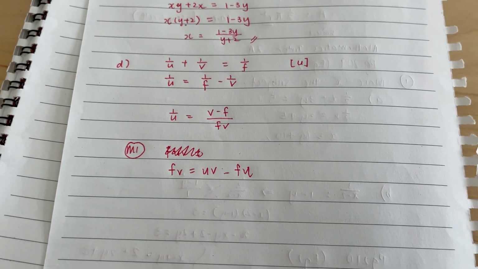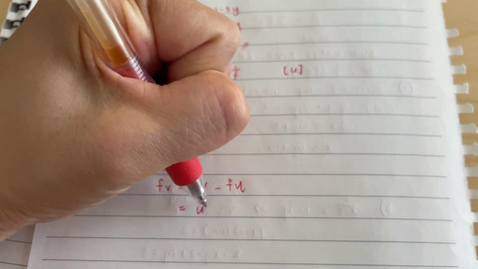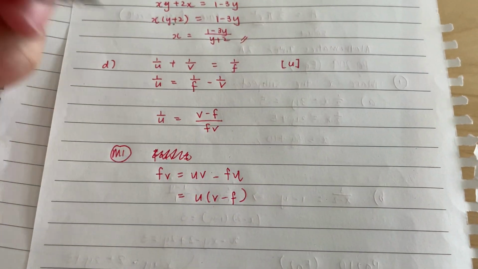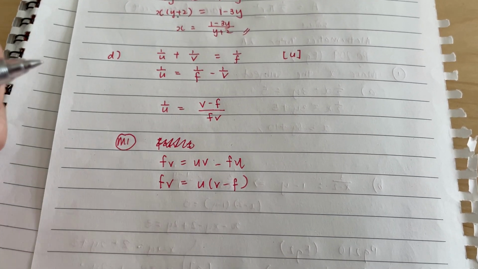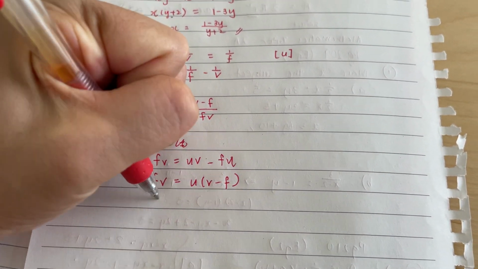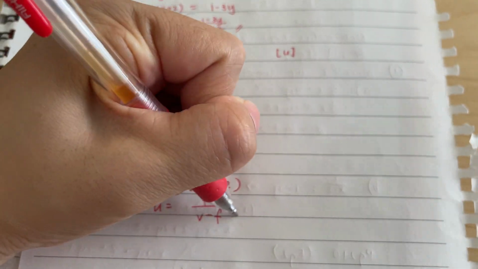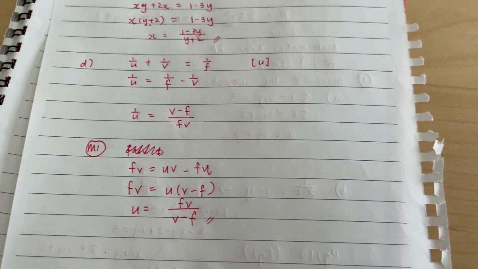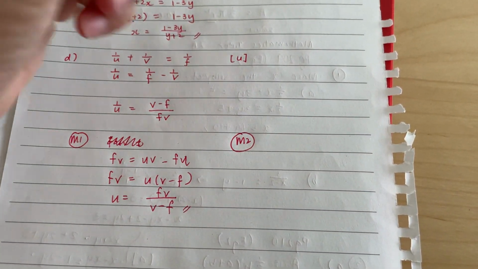Okay, now how do we make u the subject? Let's factorize the right hand side. And we divide both sides by v minus f to make u the subject. So that's one method. Now there is actually another method that we can use.